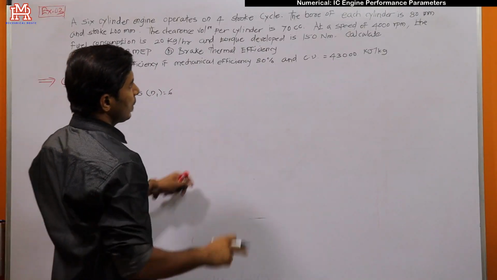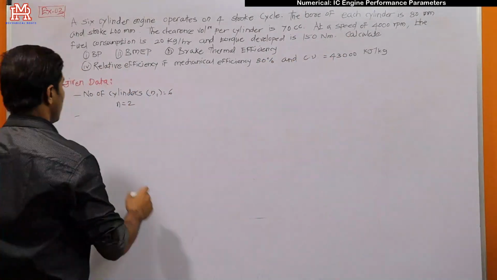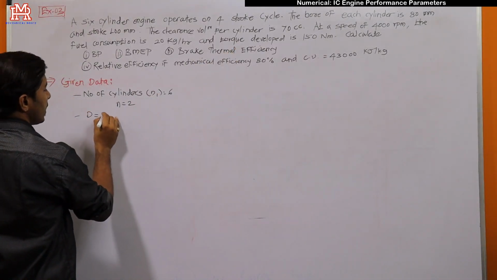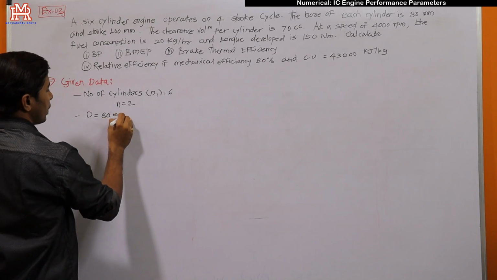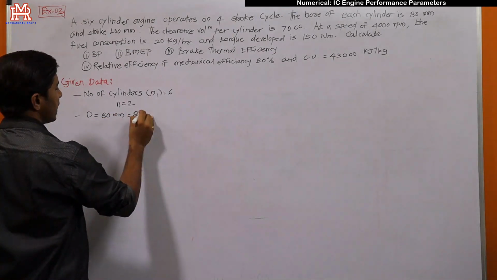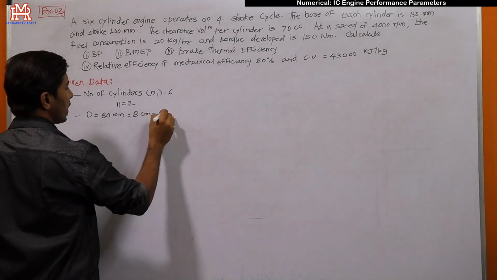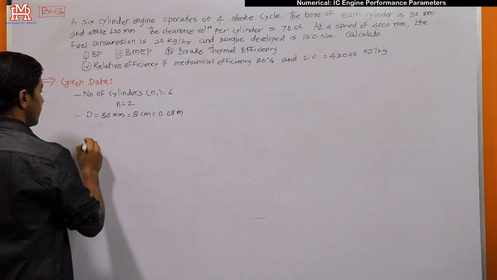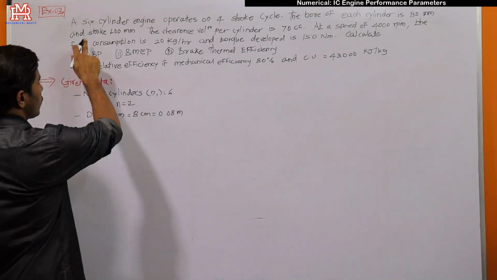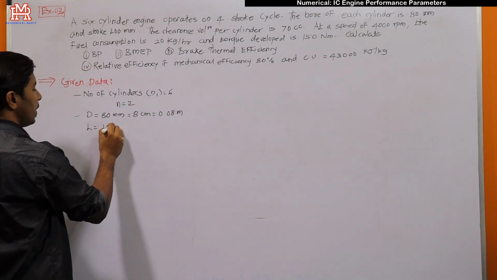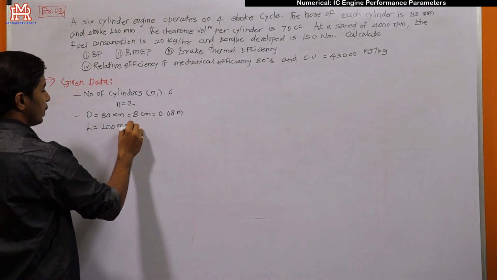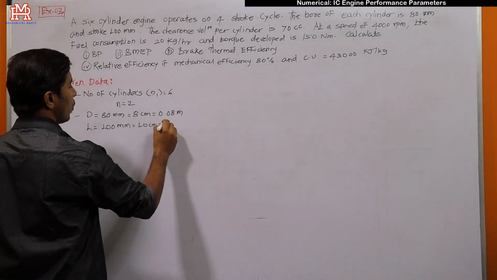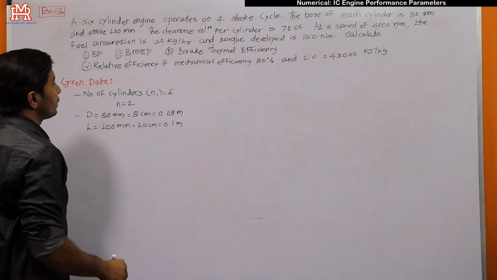Then the bore of each cylinder is given as 80 mm. So bore diameter D is given as 80 mm. This is nothing but 8 centimeter, or you can write it in meter, 0.08 meter. Similarly, stroke length is given 100 mm, which is equal to 10 centimeter. This is equal to 0.1 meter.